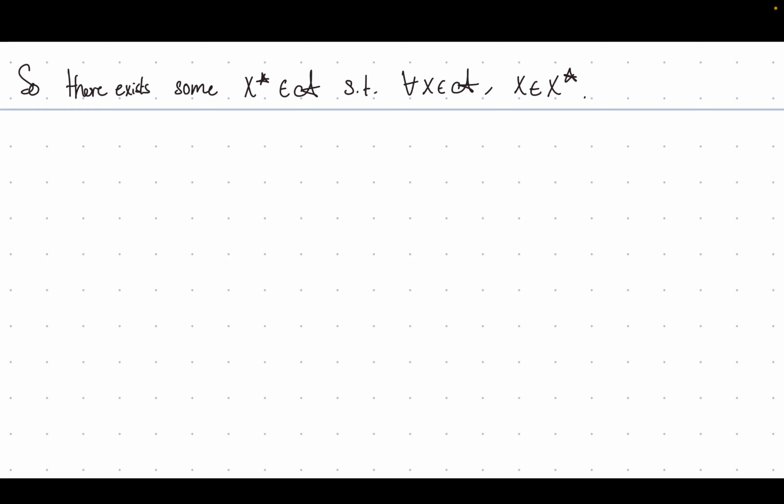In general, the issue is if you don't have this x star that contains every element in script A, then you can always construct a subset of the union of script A that has elements that don't all belong to the same x.